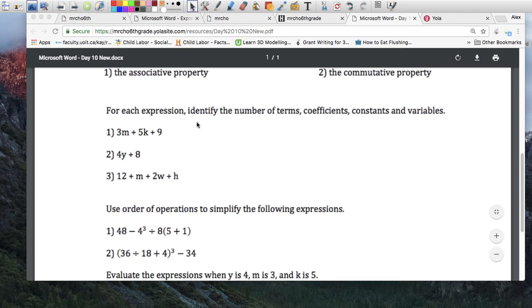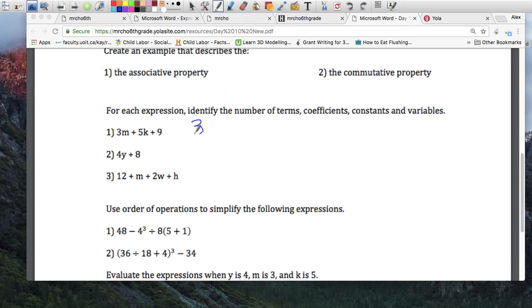For each expression, identify the terms, coefficients, etc. Number of terms: 3 terms. Coefficients: 2 coefficients.